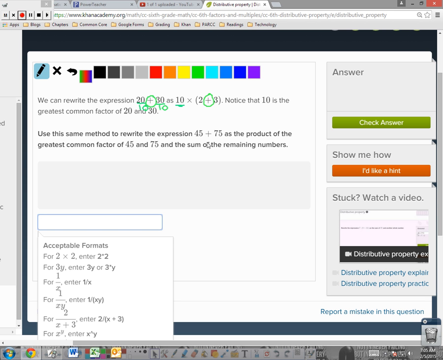Let's take a look at 45 and 75. Now again, it's important that I am good with my math facts. Let's just say that I did 5, because they both ended in a 5. Well, that would give me a 5 on the outside. 45 divided by 5 is 9, plus 75 divided by 5.